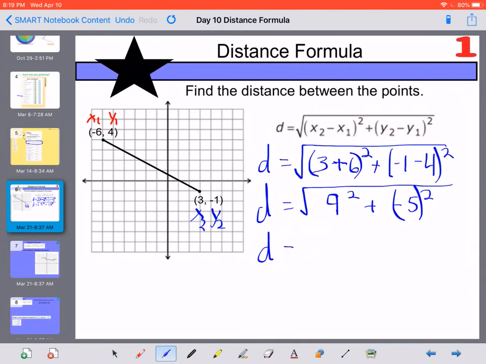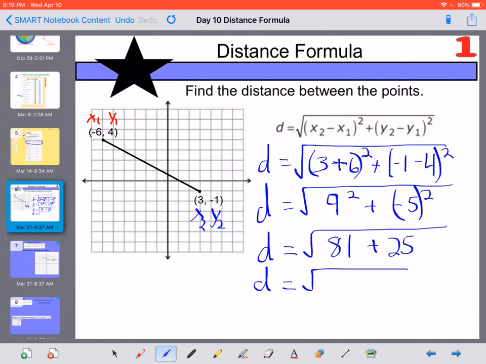Then we got to continue to solve. 9 squared is 81, plus -5 squared is 25. Then we got to add what's inside, 81 plus 25. If I do that, I get 106.